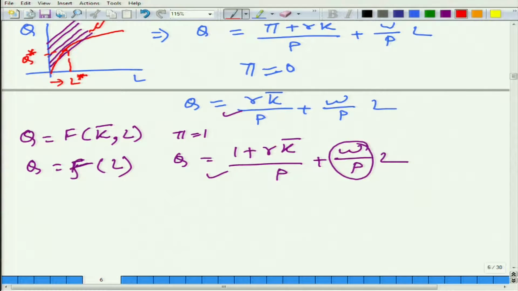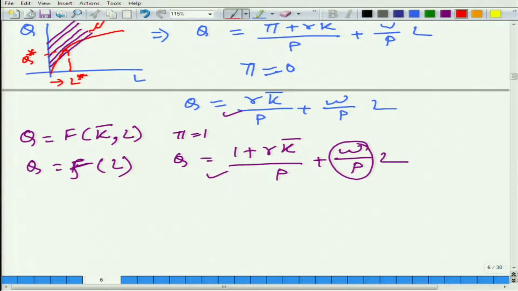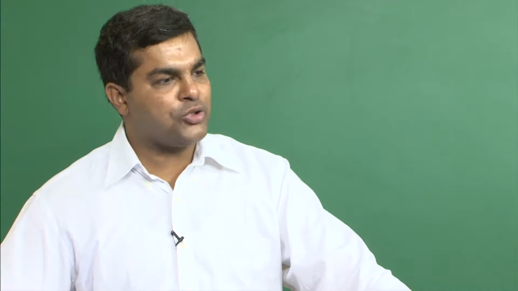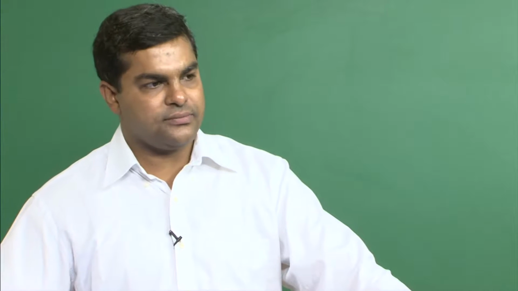Now, we can do it using calculus also, but before that let us try to do some comparative statics. What does it mean? That if we vary W, or if we vary R, what are the parameters here? The parameters are R K, R W and P. So, if we vary one of these, what happens to the optimal amount of labor, and what happens to the optimal amount of output to maximize the profit?